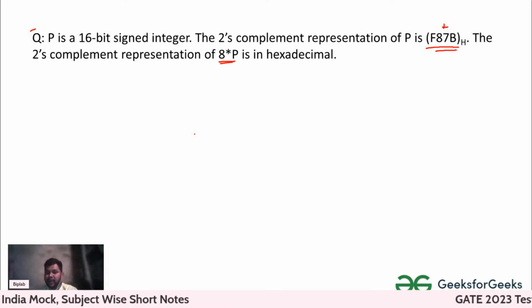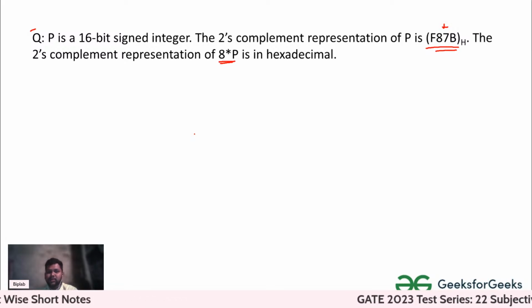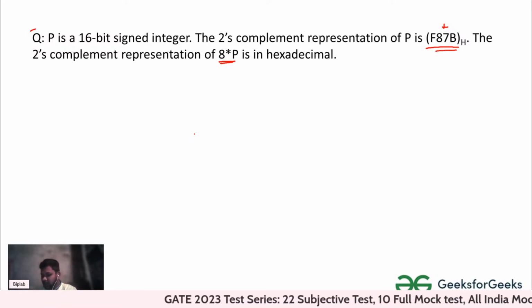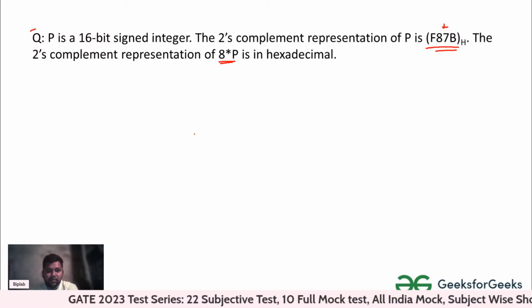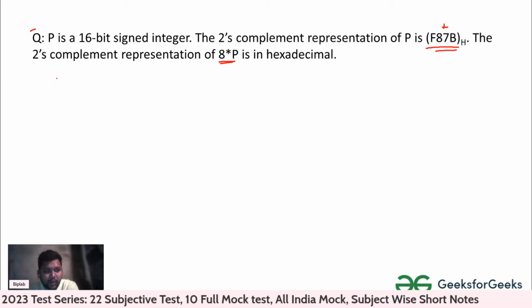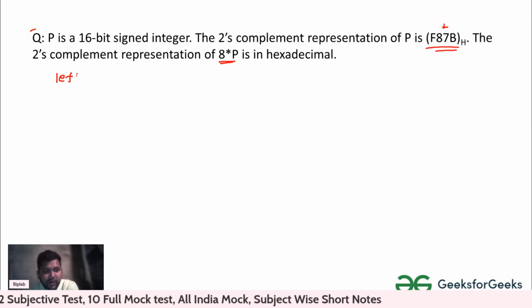Now you can do direct multiplication, but that is not easier, it is tougher, so you have to find some other way to do it. The way is left shift and right shift.